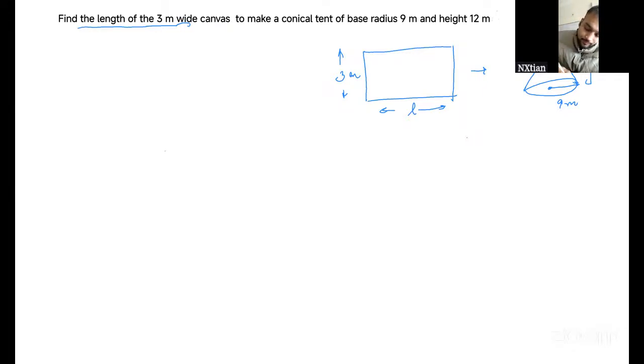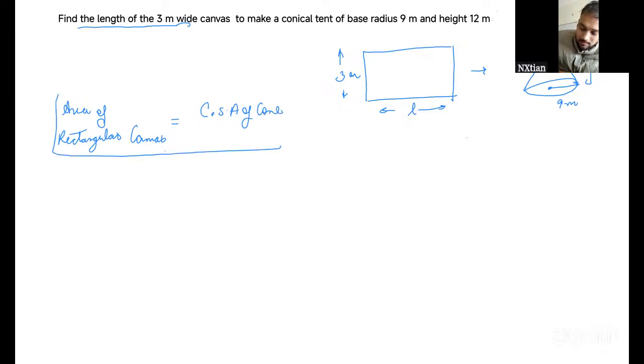Which means the area of the rectangular canvas is equal to the CSA of the cone. Whatever rectangular sheet of cloth they are taking equals the CSA of this cone, because with this canvas they are making the tent.